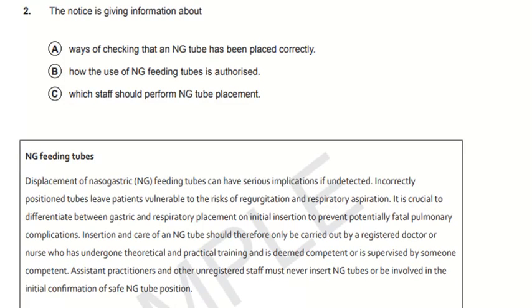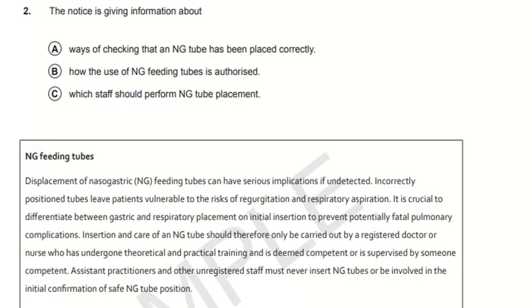Insertion and care of a nasogastric tube should therefore only be carried out by a registered doctor or nurse who has undergone theoretical and practical training and is deemed competent or is supervised by someone competent.